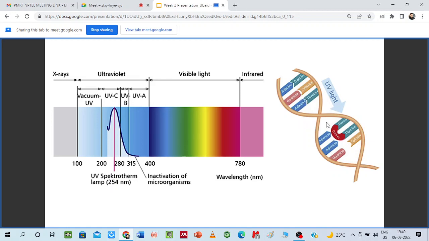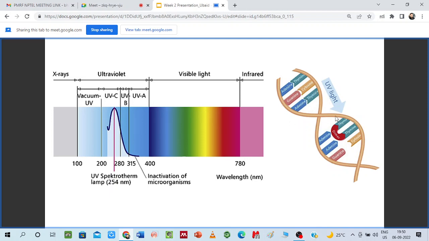So this UV light will lead to damage to the DNA present in the microbes, and after that these microbes will not be able to do transcription and translation, so the proteins will not be formed, and the microbes will not be able to divide, and ultimately these microbes will die, and they will not contaminate the cell culture.